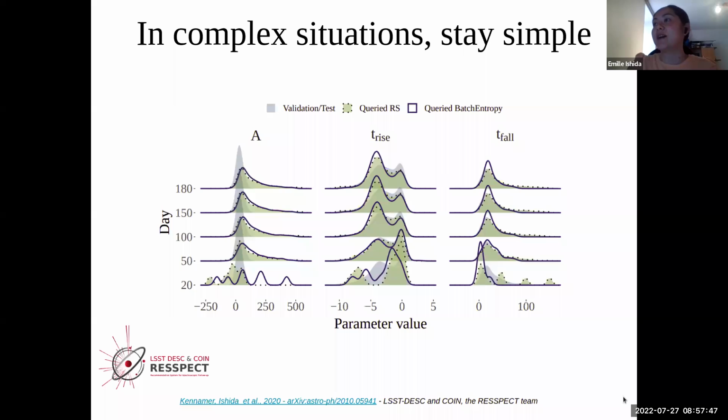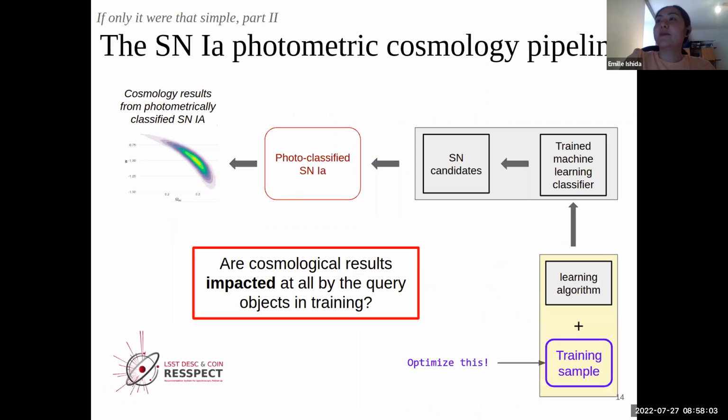You see that they are pretty similar, but random sampling is still different. The batch entropy still differentiates a little bit more because it focuses on specific regions of the parameter space.